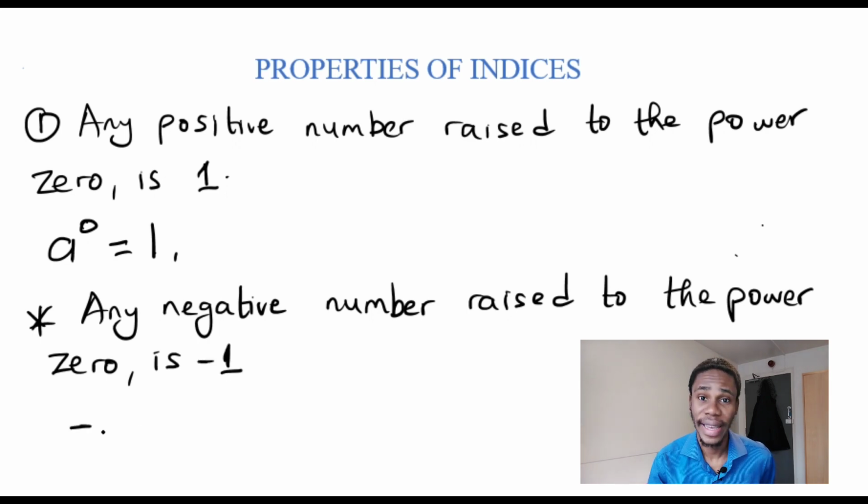So minus a to the power 0 is minus 1. You can take any negative number in the world when it is given an exponent of 0. Minus 1 is the answer.